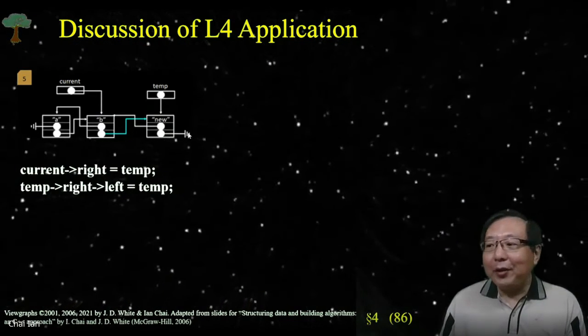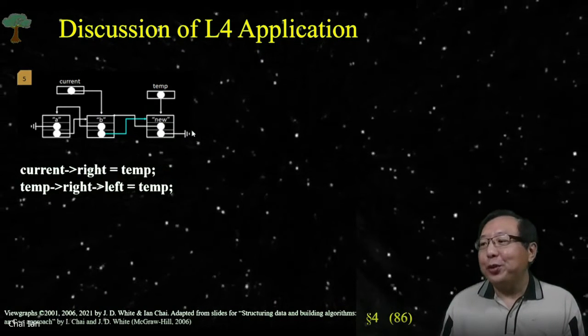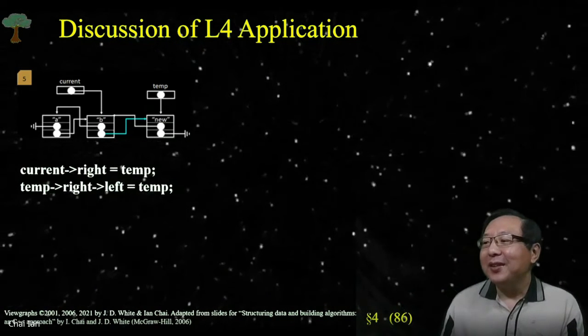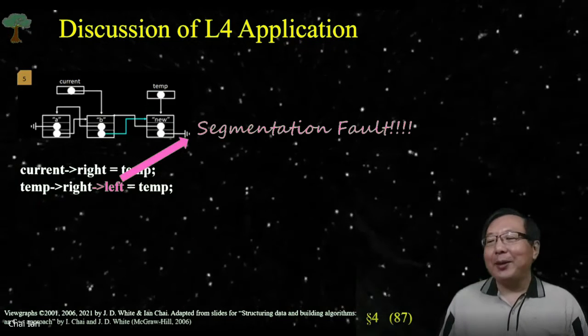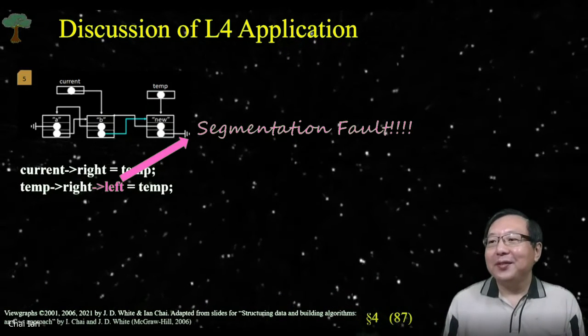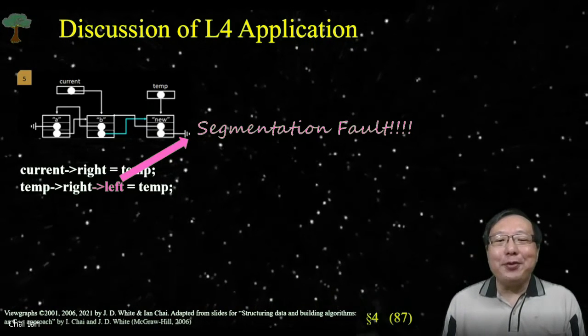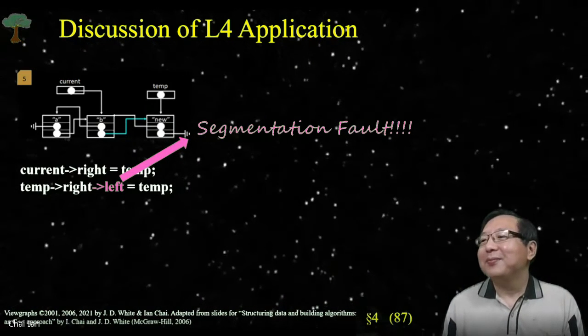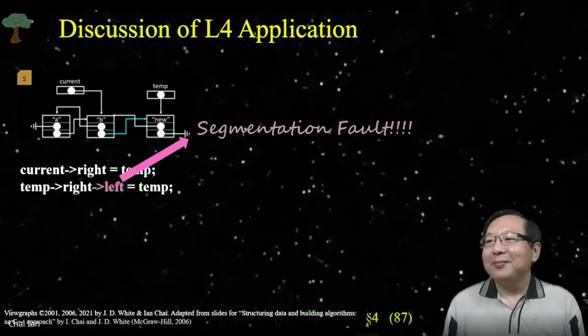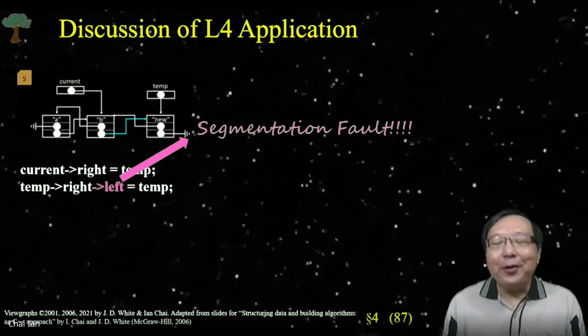I can't go arrow left already. There's nothing there to go arrow left to. And that's why you get segmentation fault. Segmentation fault means that you are trying to access memory that you cannot access, and it crashes your program.